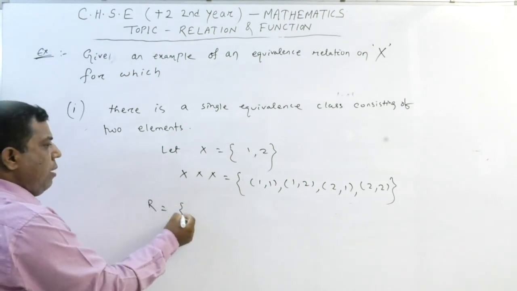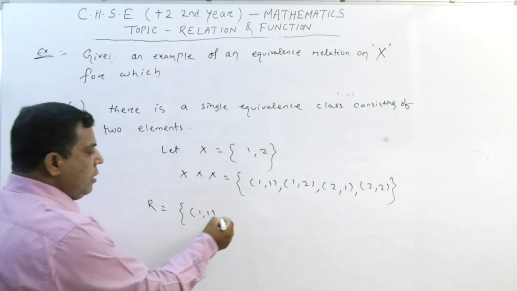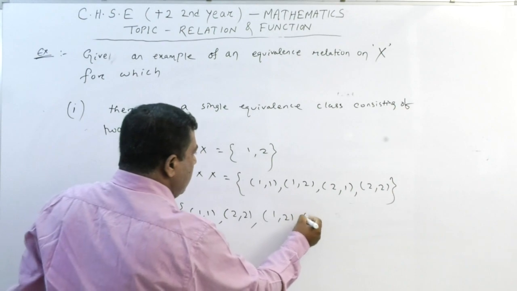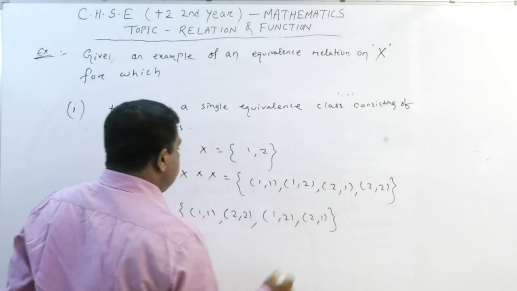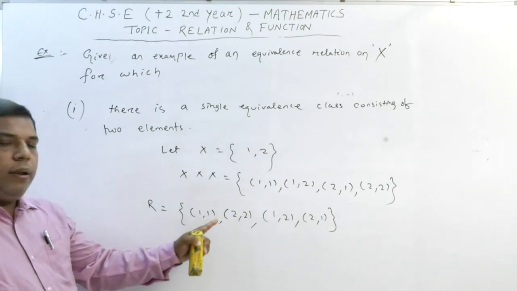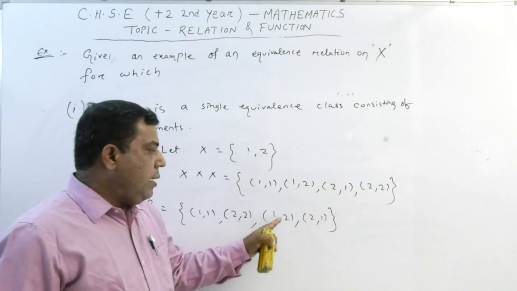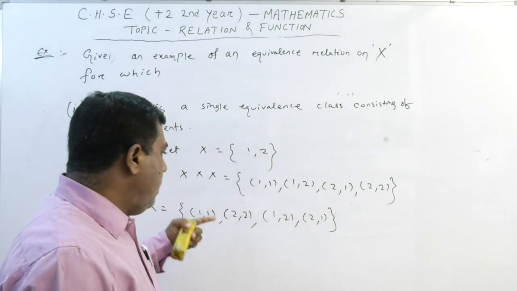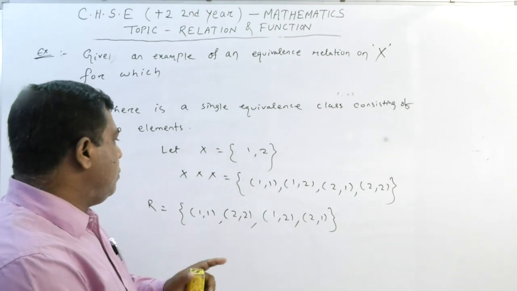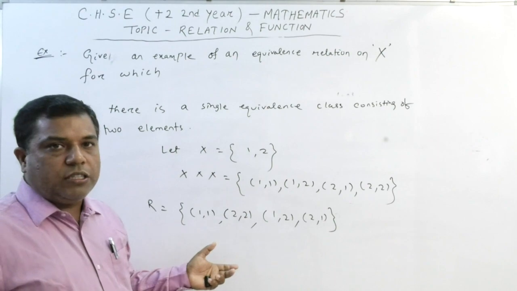We have to find an equivalence relation. So I am taking the universal relation itself, that is X cross X itself. So that is an equivalence relation. You can verify. Identity property is there. It is symmetric in nature. It is transitive in nature also. So this relation is an equivalence relation.